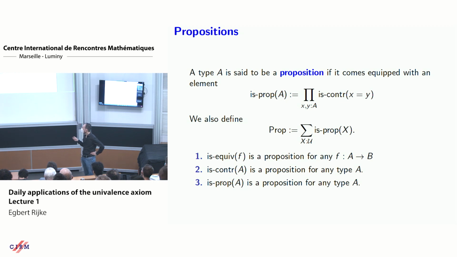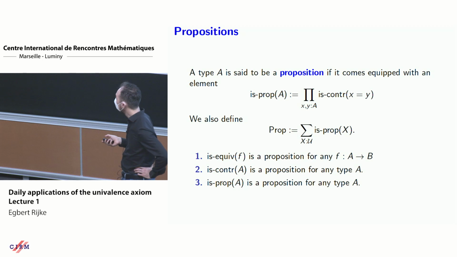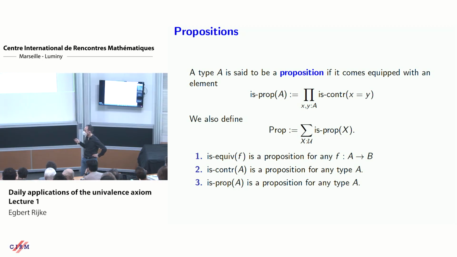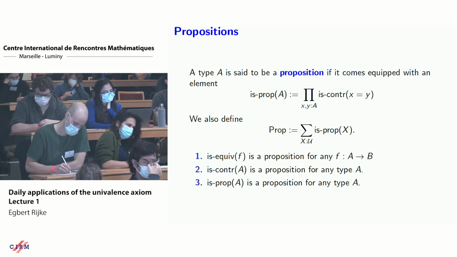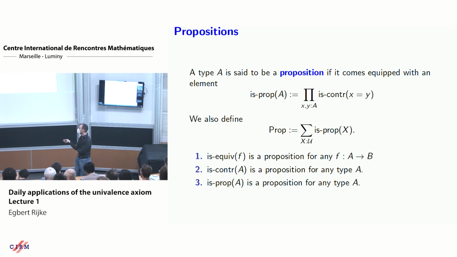And is-equiv is always a proposition. That's because, like I said, if you know that the map is an equivalence, then you can prove that the type of retractions and the type of sections are both contractible. Also, being contractible is a proposition, and being a proposition is a proposition.